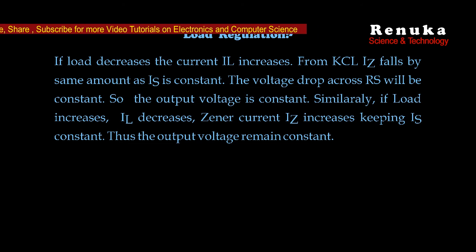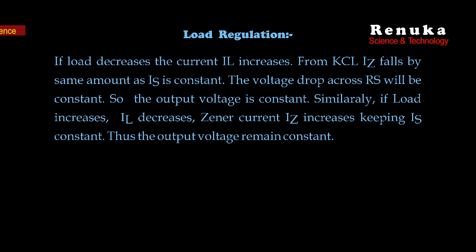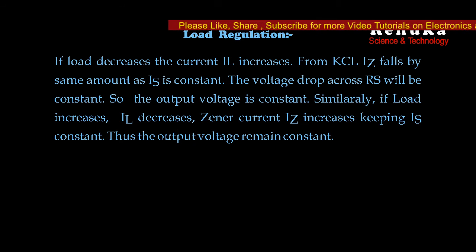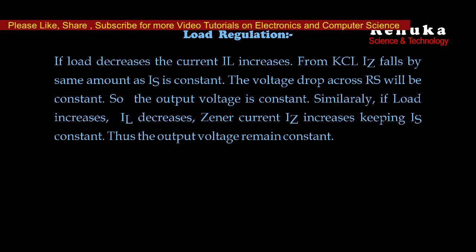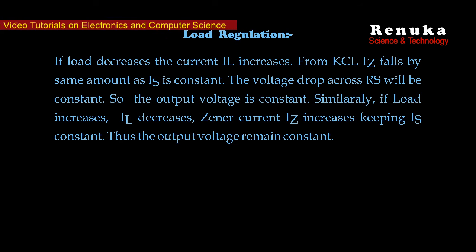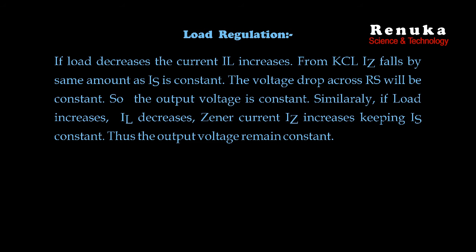The second regulation is called load regulation. Load regulation means when the load at the output changes, the load current also changes, and that will create a fluctuation in the voltage at the output. If load resistance decreases, the current IL increases. From the KCL, Iz falls by the same amount, and Is is constant. The voltage drop across Rs will be constant, so the output voltage is constant.